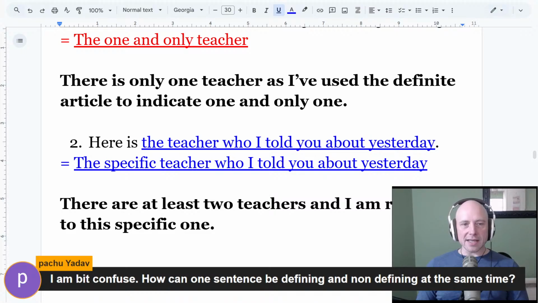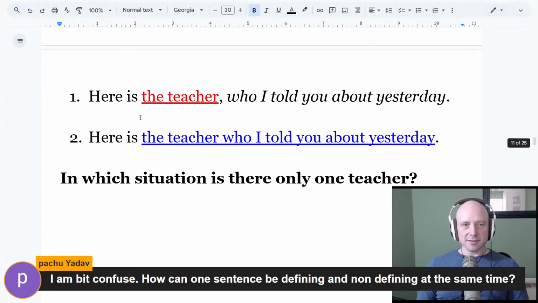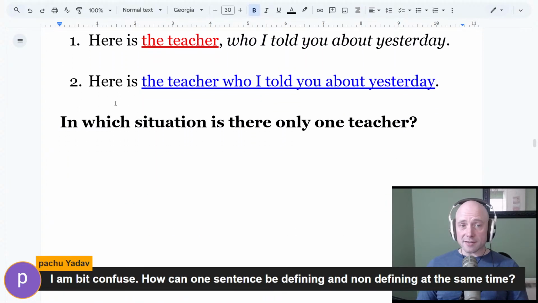It's not defining and non-defining at the same time, Pachu, because they are 2 different sentences. Sentence 1 is a non-defining relative clause, and sentence 2 is a defining relative clause. These 2 sentences are different.